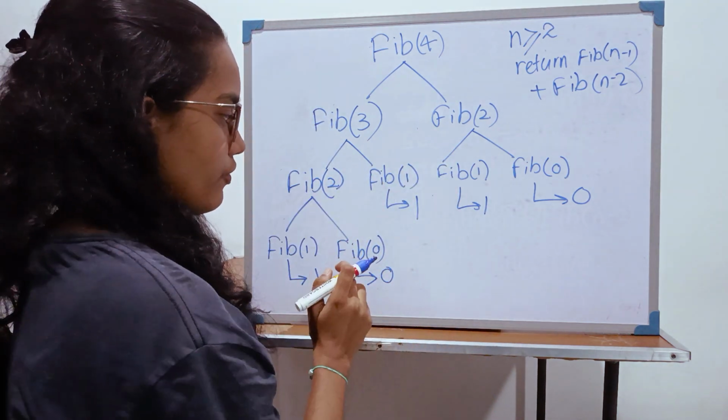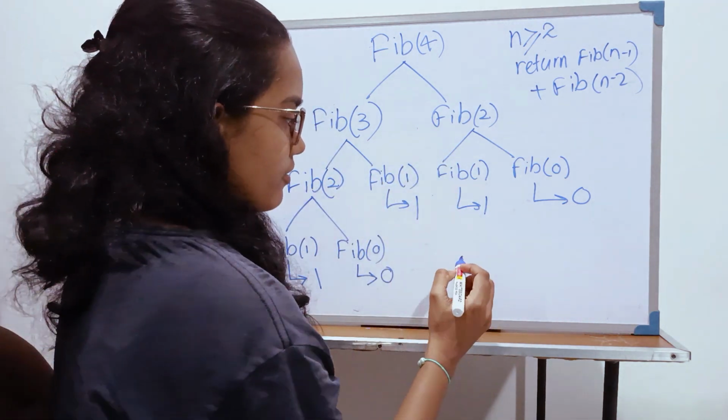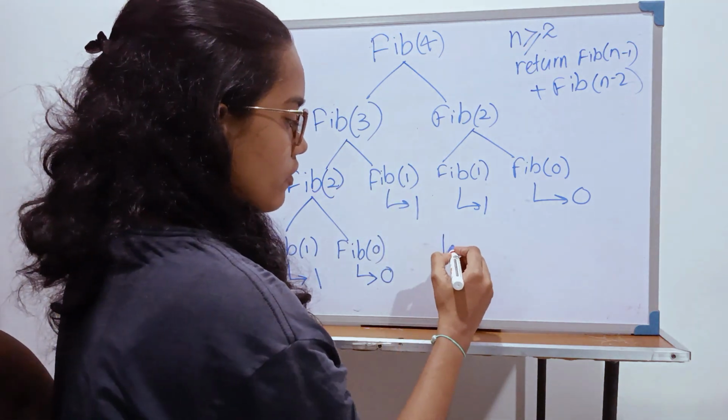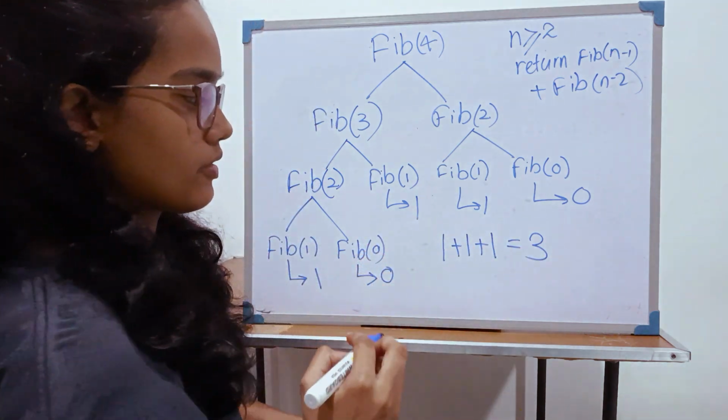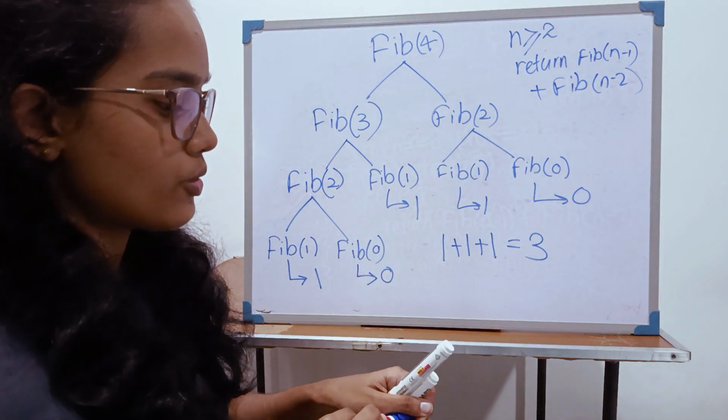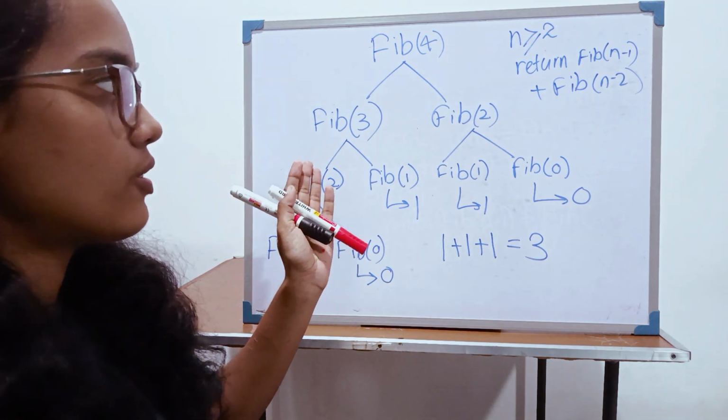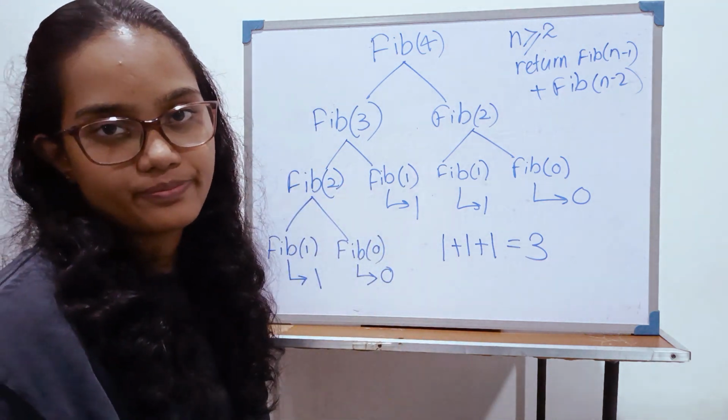So when we add our returning values, it is 3. So the result of this is 3.